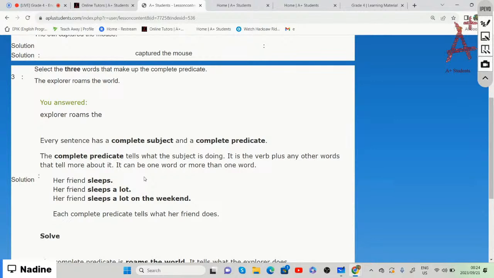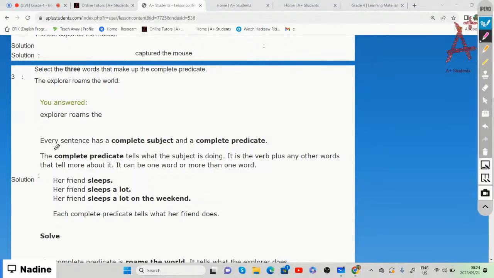And if we look at the sentences here at the bottom, it says, her friend sleeps. So her friend being the subject and sleeps, which is the verb. What is the friend doing? Sleeps. So sleeps is the predicate, it is the verb, right?